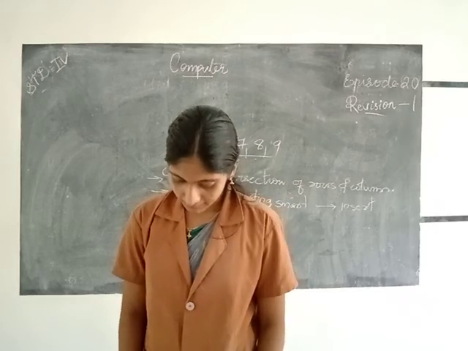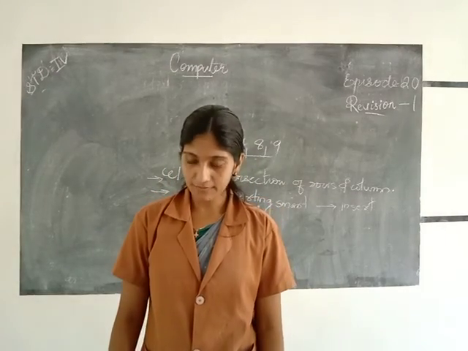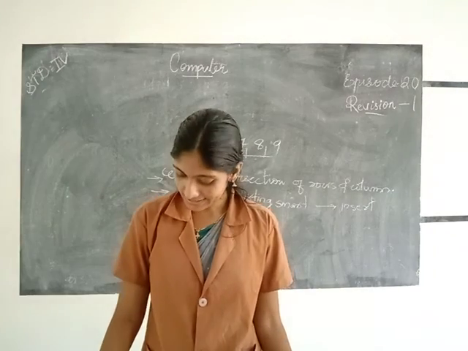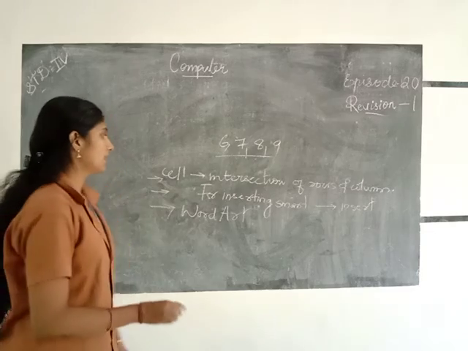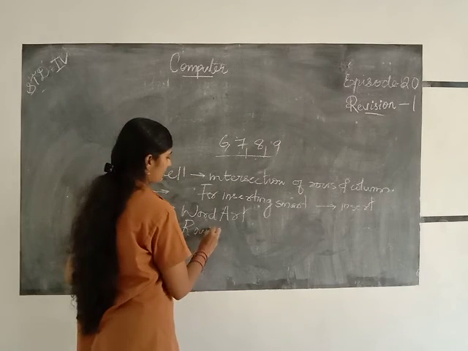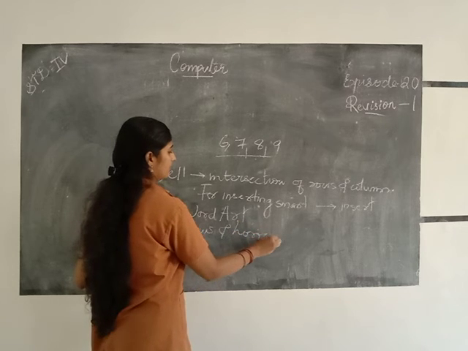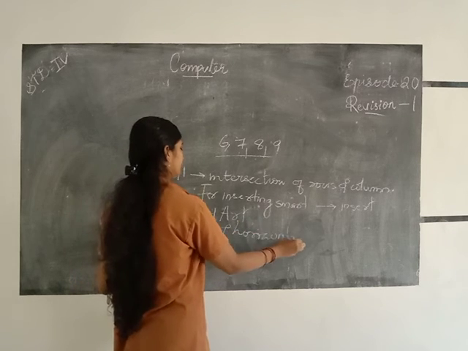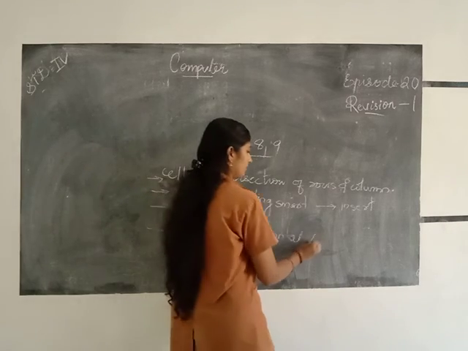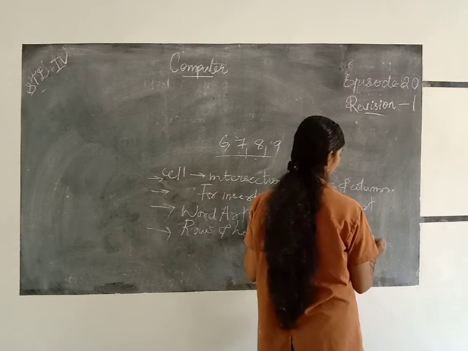Then, next one, a table consists of rows and columns. Rows are horizontal and columns are vertical.